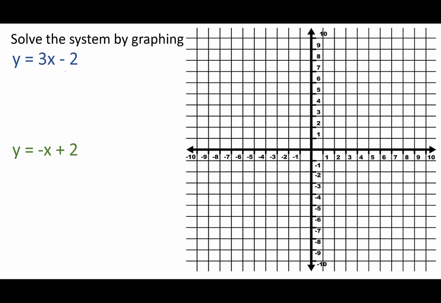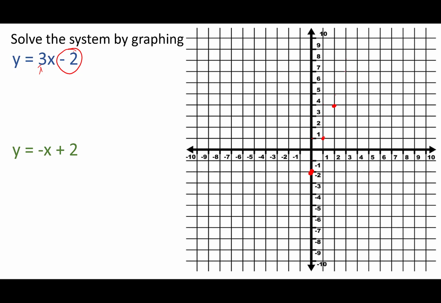Begin by graphing my y-intercept of the first, so -2. So I'm going to put a dot at -2. And then I'm going to rise 3, using my slope next. I'm going to rise 3 and go right 1. And I'm going to do that a few times just to make sure, oops, that point's off.